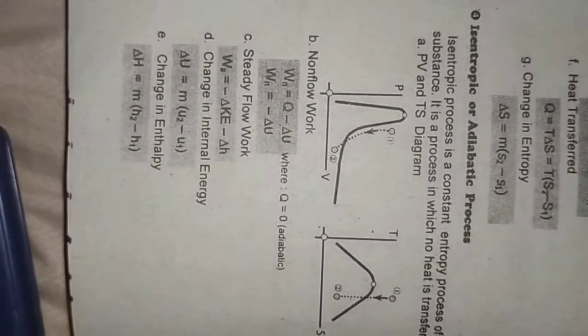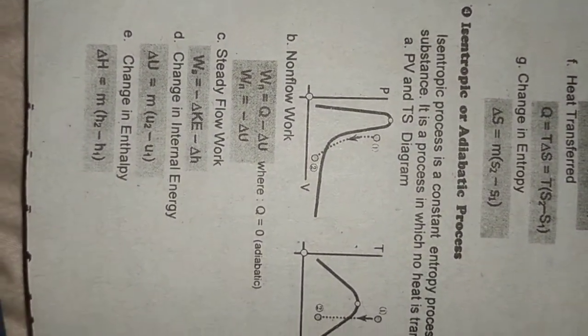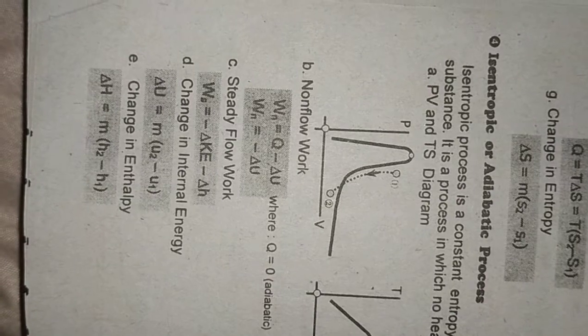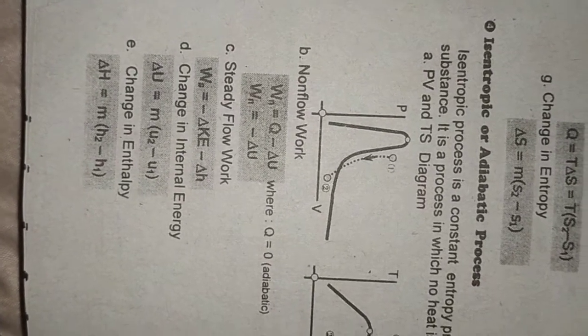The rest is for internal energy, enthalpy, and entropy. For internal energy and enthalpy, it is the same: m(U2 minus U1) and m(H2 minus H1). For heat transferred, of course, Q is just equal to 0, and the change in entropy is also equal to 0.